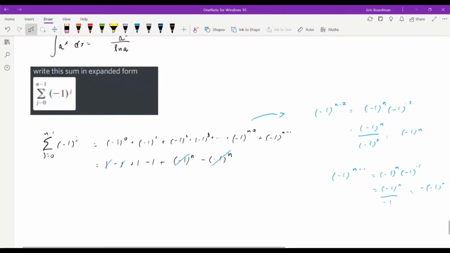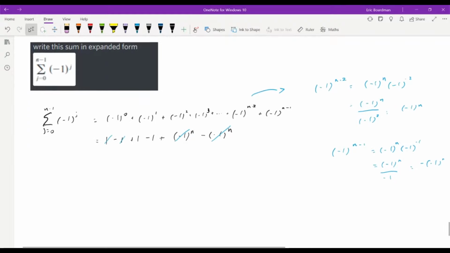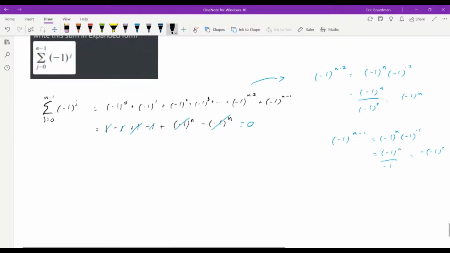So I'm pretty sure this sum will have... I was gonna say the sum will have no answer, but actually, no. I'm thinking of this sum going from 0 to infinity. This is going to a finite number, so I think this actually might just be 0. Because if you pair everything up... Actually, no. It shouldn't be 0.